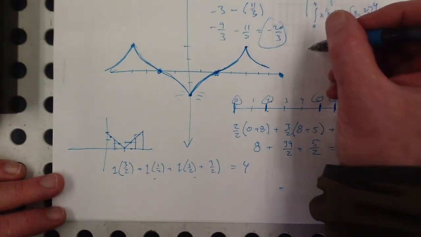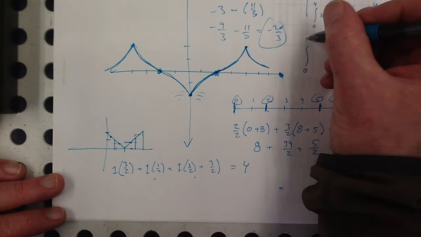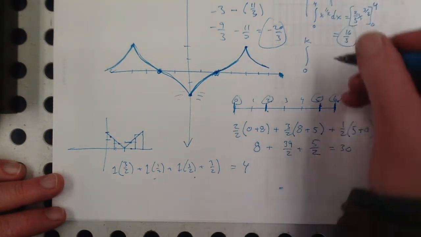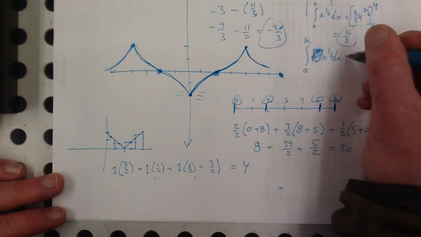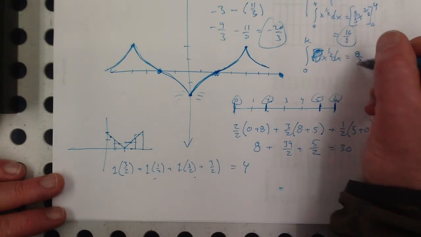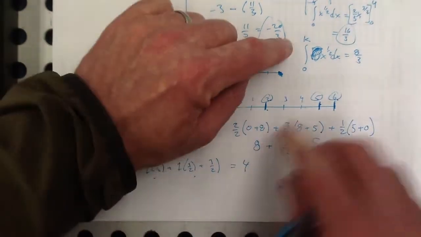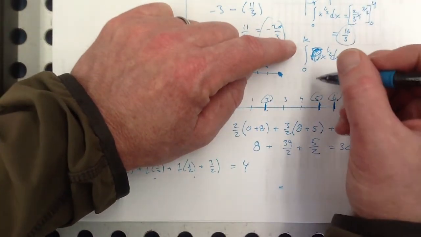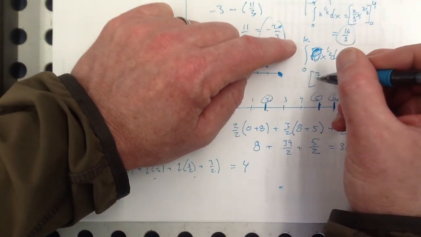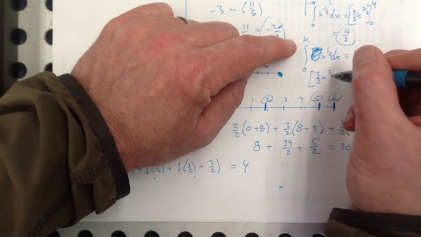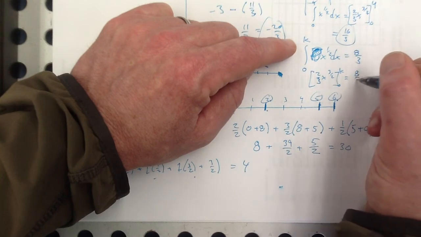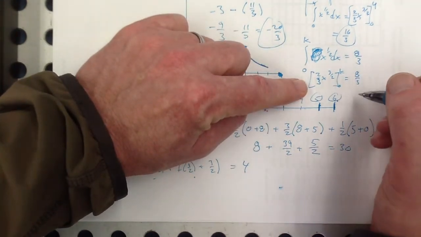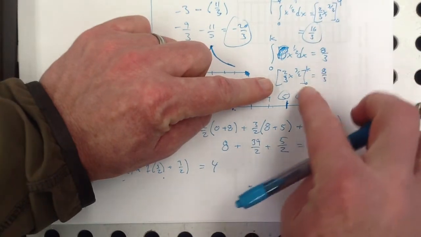That means I want the integral from 0 to k of square root of x, or, sorry, if you write that as x to the 1/2, I want that to be equal to 8 thirds. Half, right? Well, I already have the antiderivative. It's this. So I want this 2 thirds x to the 3 halves from 0 to k to be equal to 8 thirds. So I have some math to do here. When I plug in the 0, I get 0.